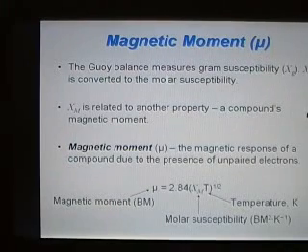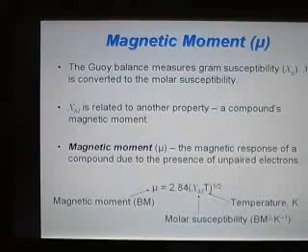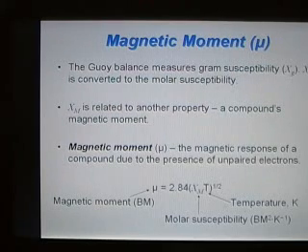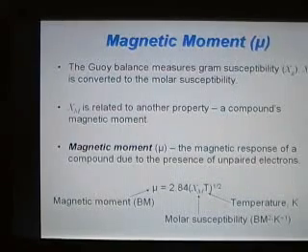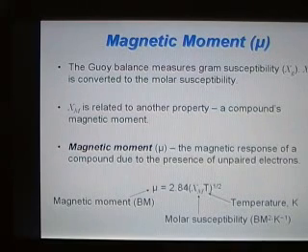The molar susceptibility is also related to another property of a compound, which is its magnetic moment. The magnetic moment is a lot like a dipole moment. Remember, dipole moments are where electrons are shifted towards one atom in a molecule to create a dipole. A magnetic moment is the magnetic response of a compound due to the presence of unpaired electrons.